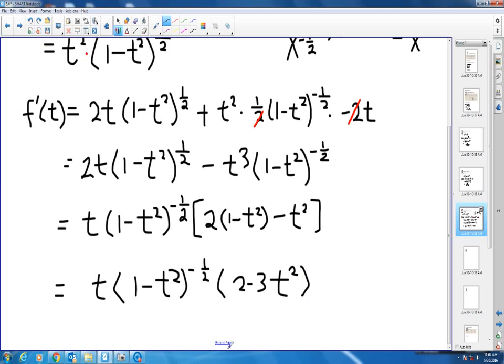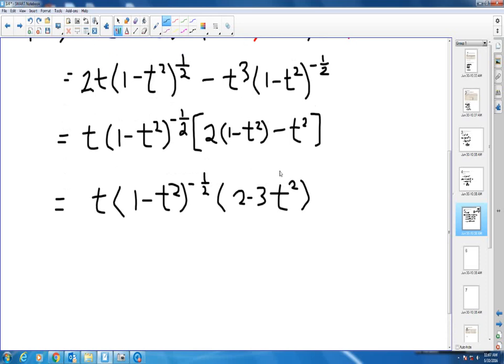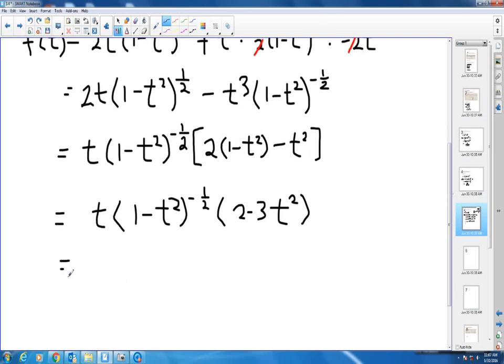Alright, let's simplify this a little bit more. Since this guy has a negative exponent, let me make sure my numbers are right. Alright, this guy has a negative exponent, so that will go to the bottom.